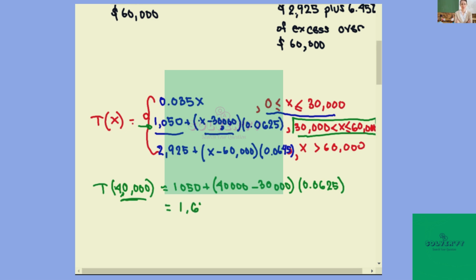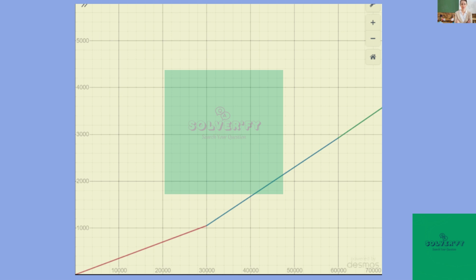So let's check in our graph whether this is the correct value. As I mentioned, 40,000 is within category 2, so let's go to category 2. Oops, 40,000 is right here. There we go. At 40,000, it is indeed 1,675. So our graphical model is correct.